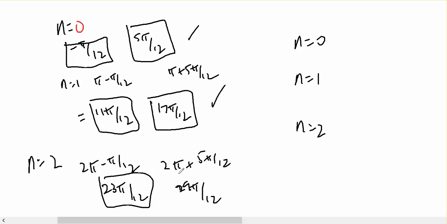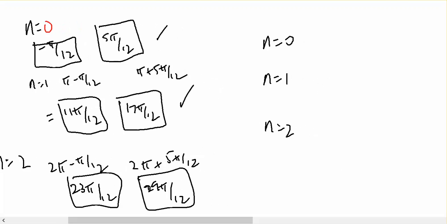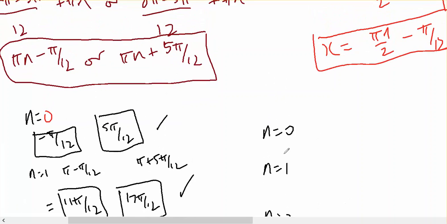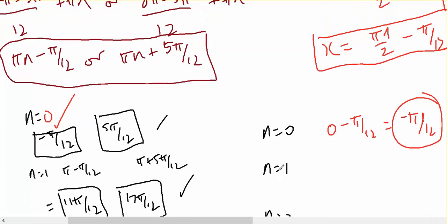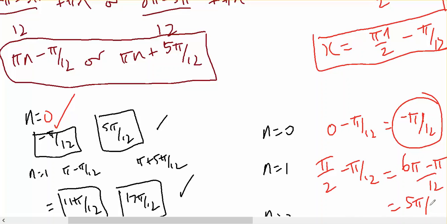Would I get the same solutions using the other formula? Well, I hope so, because they both give you the same answers. So when n equals 0, I have 0 minus pi on 12, which equals negative pi on 12. Same answer. When n equals 1, I get pi on 2 minus pi on 12, which is 6 pi minus pi on 12, which is 5 pi on 12, and yes, it's the same answer.